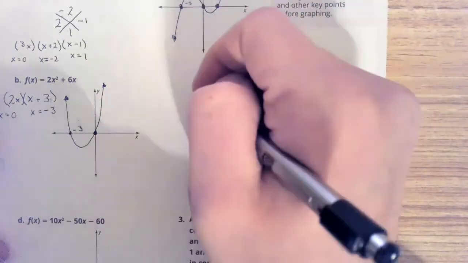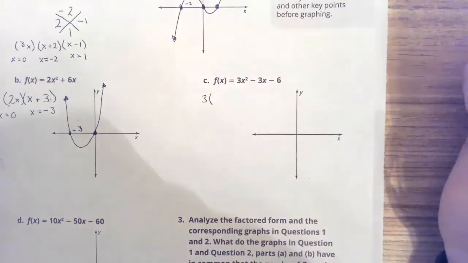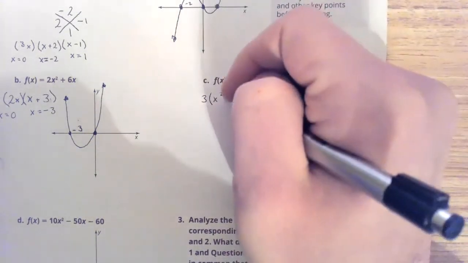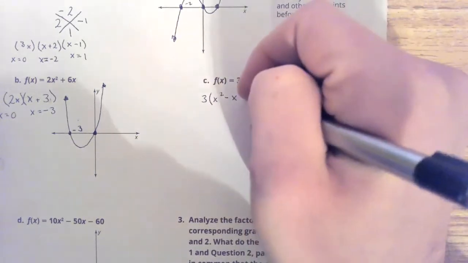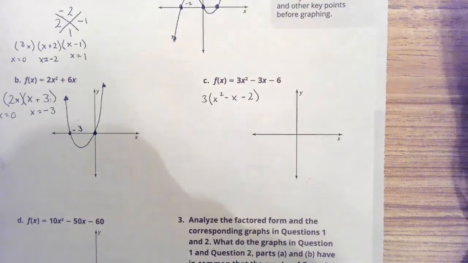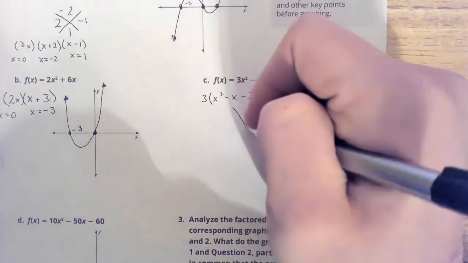So let's rewrite this function as 3 times x squared minus x minus 2. Okay, and then since this is quadratic and we can factor this one a little bit further, let's try to do that.